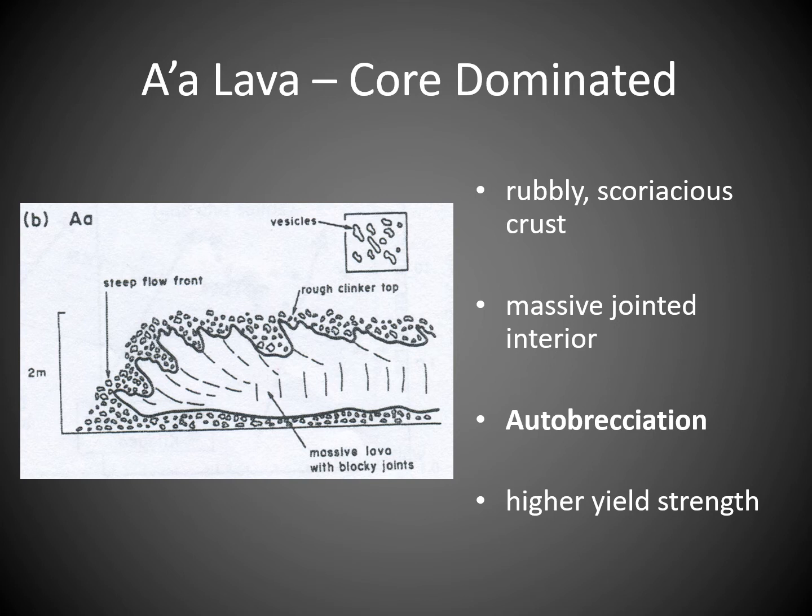That process of breaking up a lava flow's own crust by movement is something that we call autobrecciation. And this tends to happen in lavas that have a much higher yield strength. So it's lavas that have either crystallized a little bit or lost a little bit of gas. They're starting to get more viscous and they're starting to develop really strong yield strength.